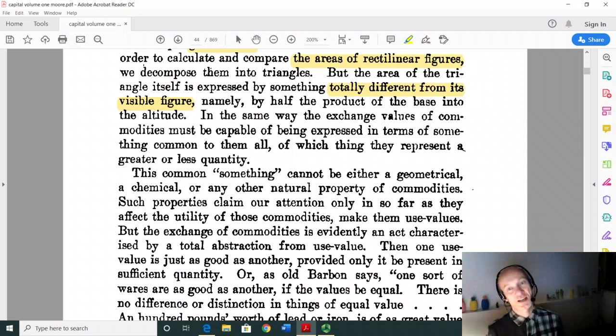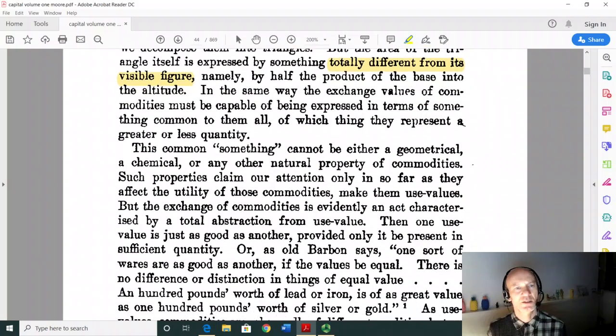In the same sense, you would have infinitely many different commodities that all have the same exchange value. That would be similar to having infinitely many triangles that are all different but have the same area. That is the illustration Marx is using here.